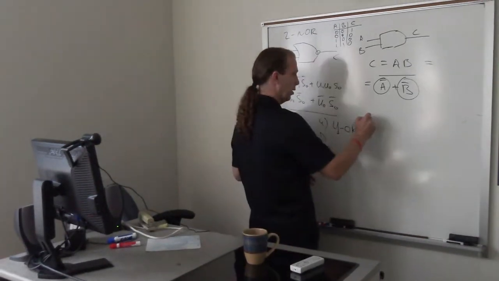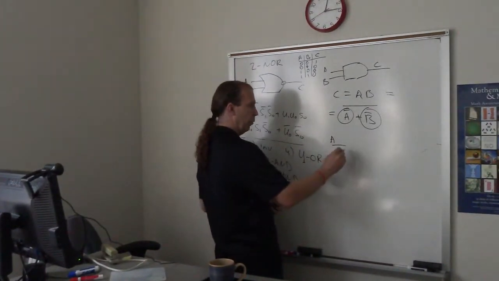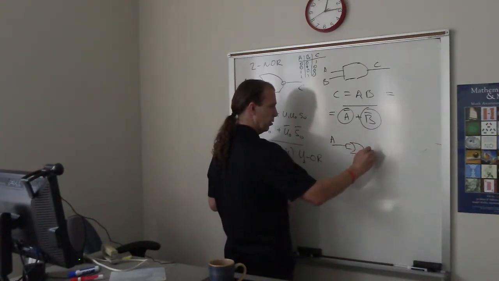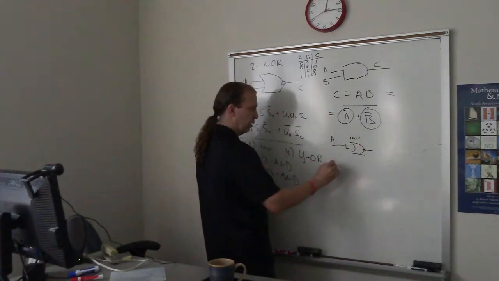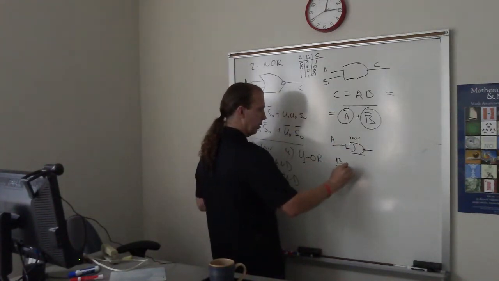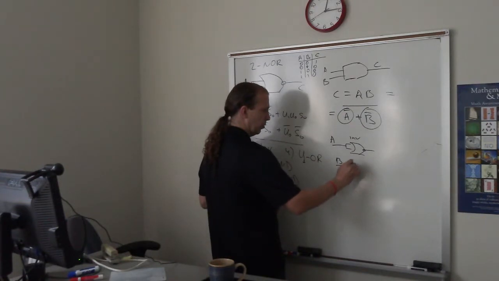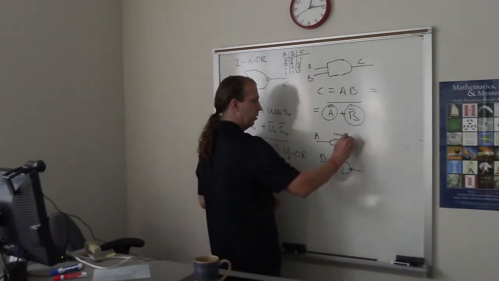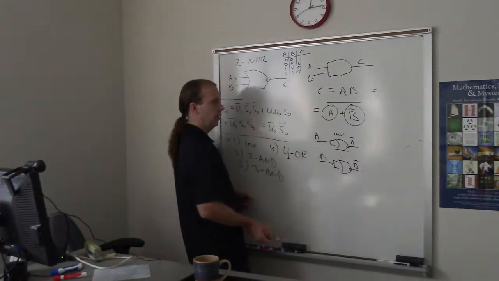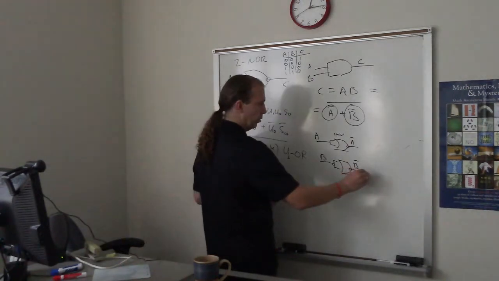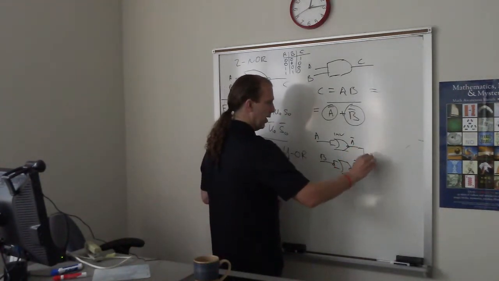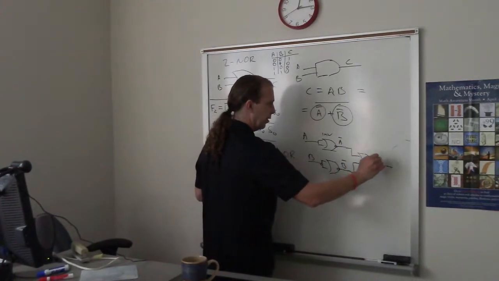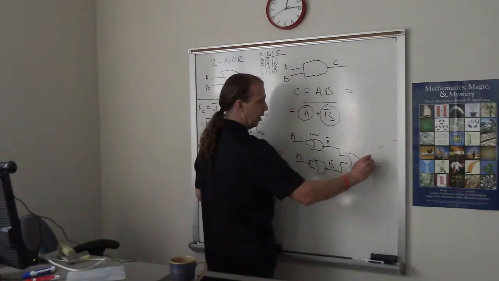So in other words, this is my A. I want to put it into an inverter. I want to feed my B through the inverter, which I already developed. So this is not A, this is not B. And then I just want to feed them through my given NOR block. And this time it will be AB.